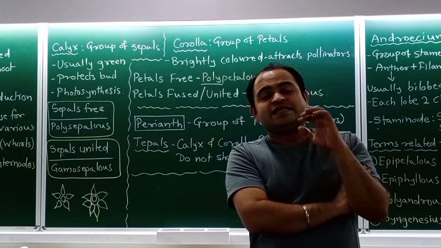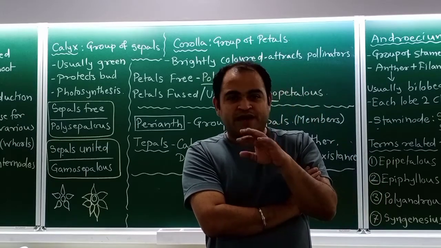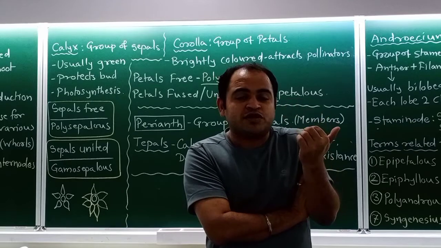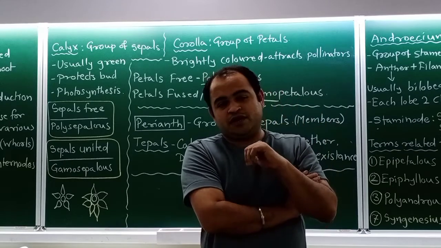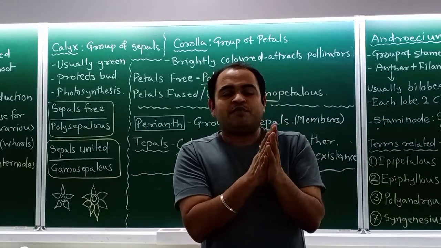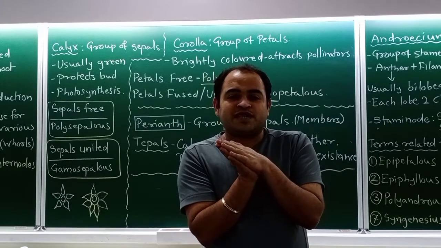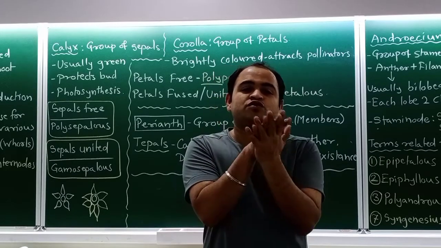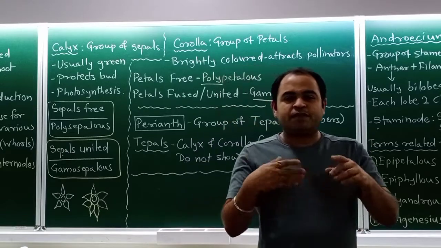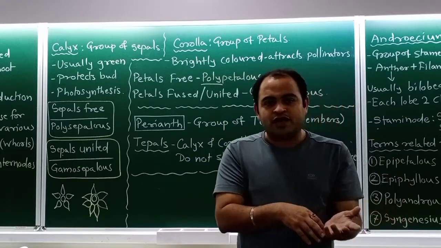So it is called a sepaloid petal, a petal which is similar to a sepal. So this is a petal appearing similar to a sepal, and a sepal appearing similar to a petal. Both things are possible. Petaloid sepal, sepaloid petal. Okay.